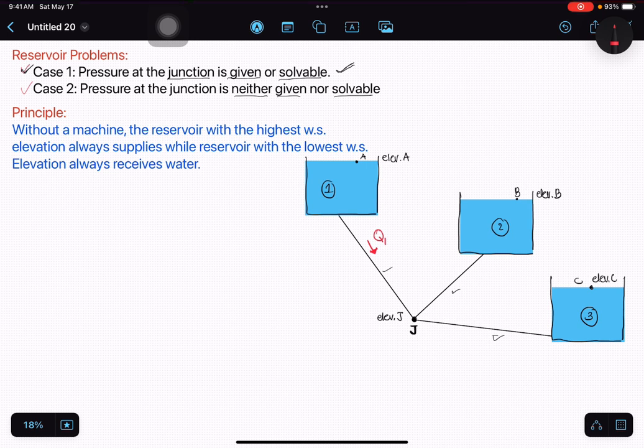So, in this case, sure tayo na si reservoir 3 yung magre-receive. So, you have Q3. Now, yung sa middle na reservoir, it depends, pwede siyang mag-receive, pwede rin siyang mag-supply. Depende sa total energy, kung i-compare natin ang total energy sa point B at saka total energy sa point J. Remember that the flow is from higher energy to lower energy.